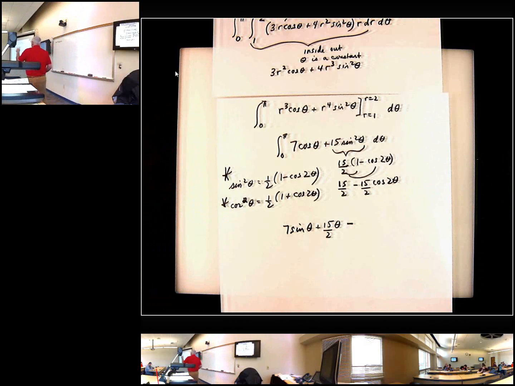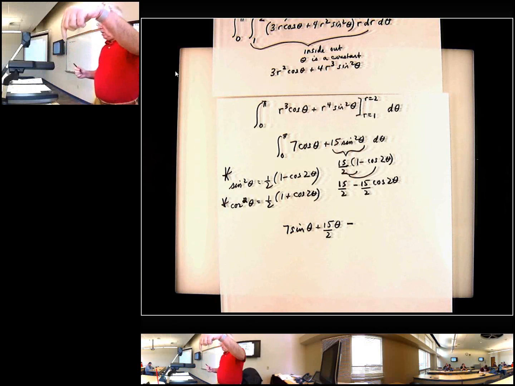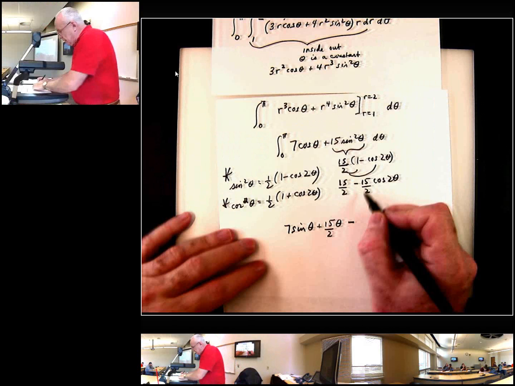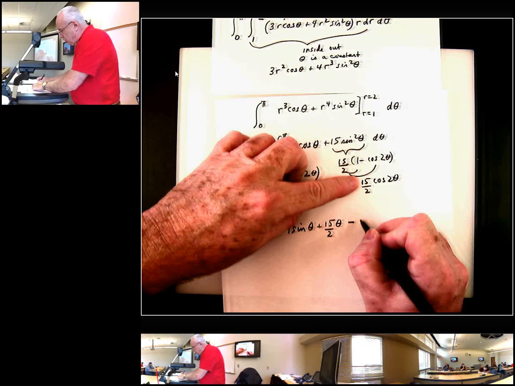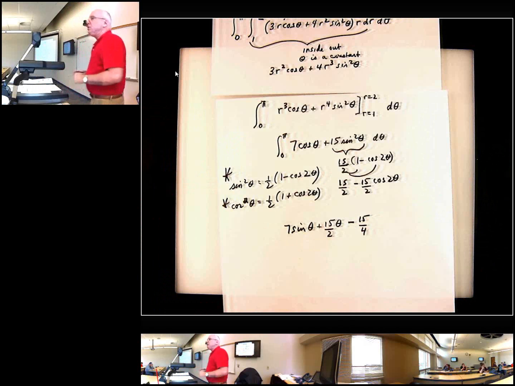Now, Jordan, you got rid of the 2 in the denominator, but what you were really doing is taking the derivative. What do we do with that 2 that's by the cosine of 2 theta? We bring it down into the denominator. So instead of 15 over 2, that 2 I bring down, and it's 15 over 4.